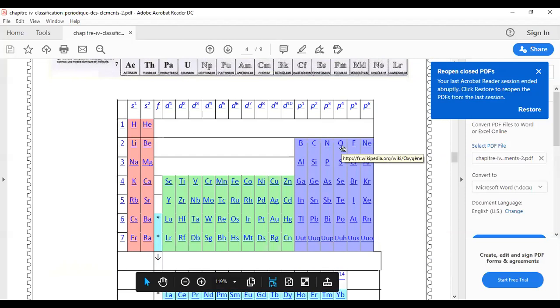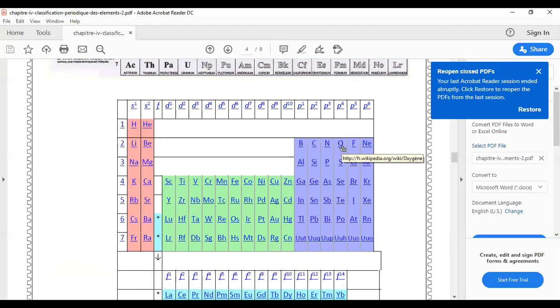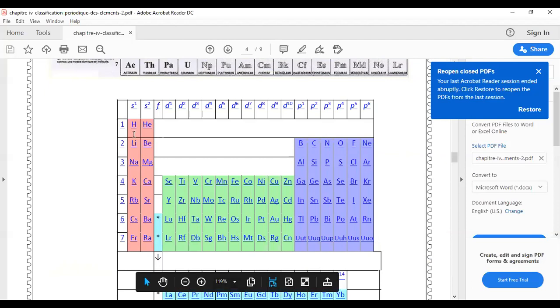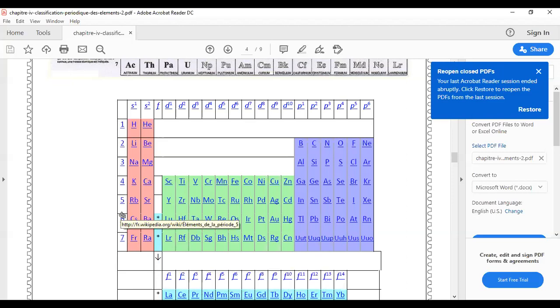Why do we call them S block, D block, P block, and the down part F block? The reason is, elements in group 1 and group 2 all end with S when you write their configuration. It can be 2s, then 3s, 4s, it depends.